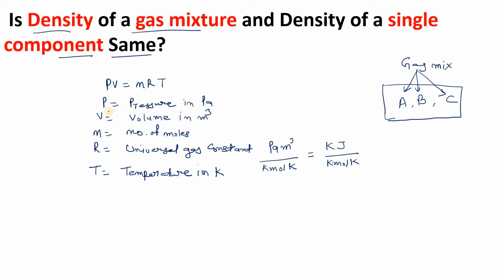Here all these parameters are with respect to the system, or we can say with respect to the gas mixture. If we have to talk about a particular component, we will take a particular component like A, B or C. Now see here, if I rearrange my equation number 1, I'll write P by RT equals n by V, meaning number of moles per unit volume.